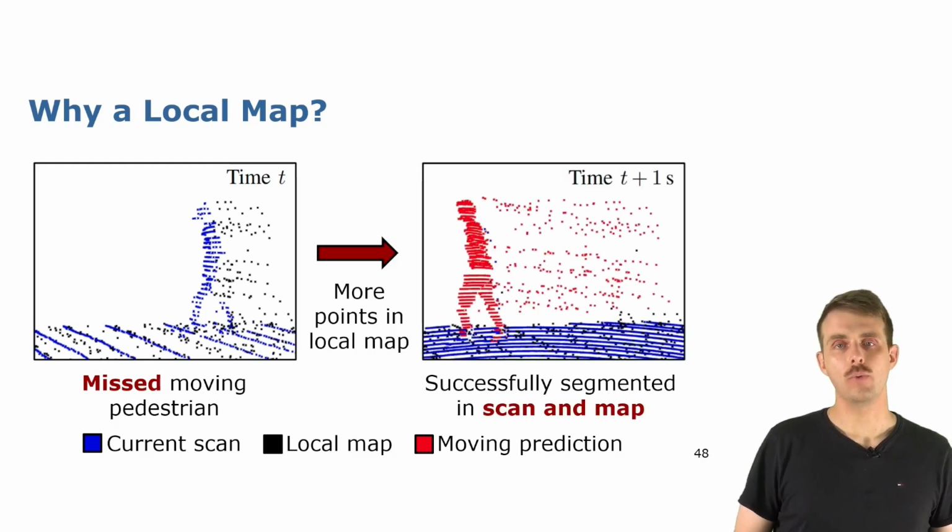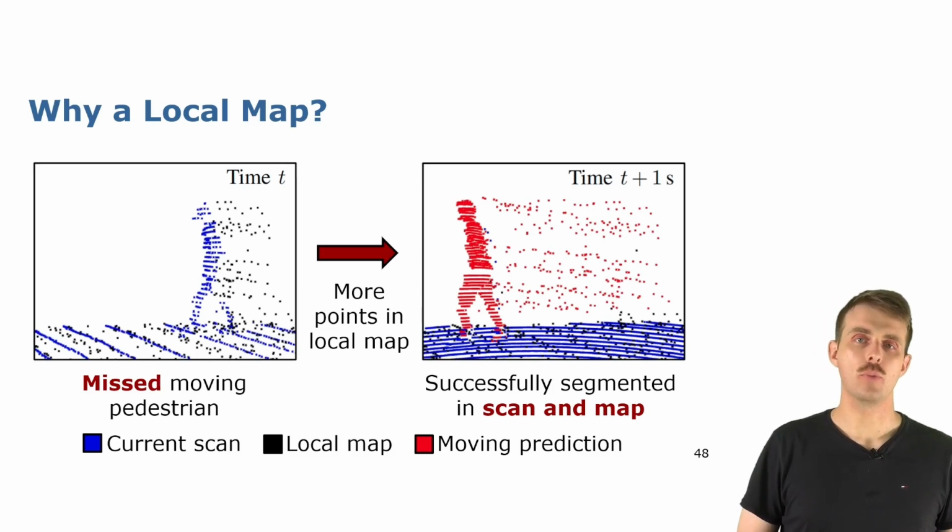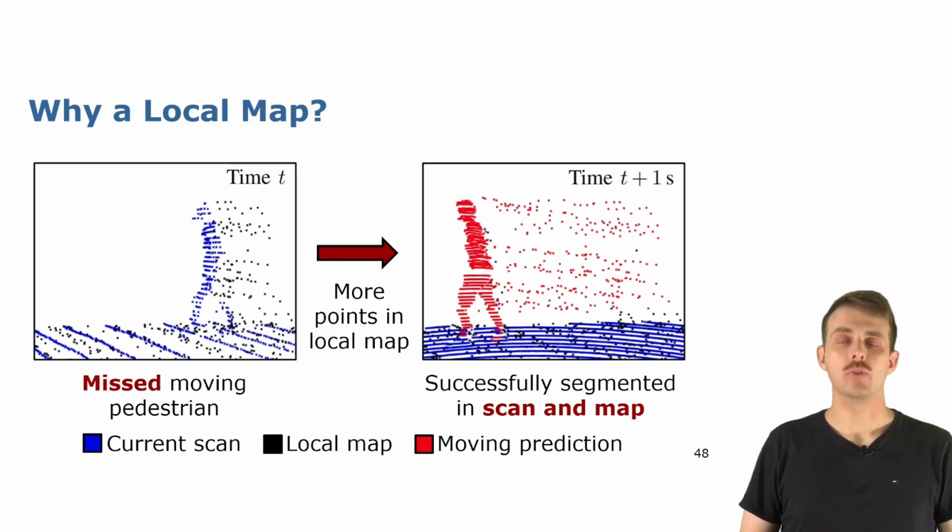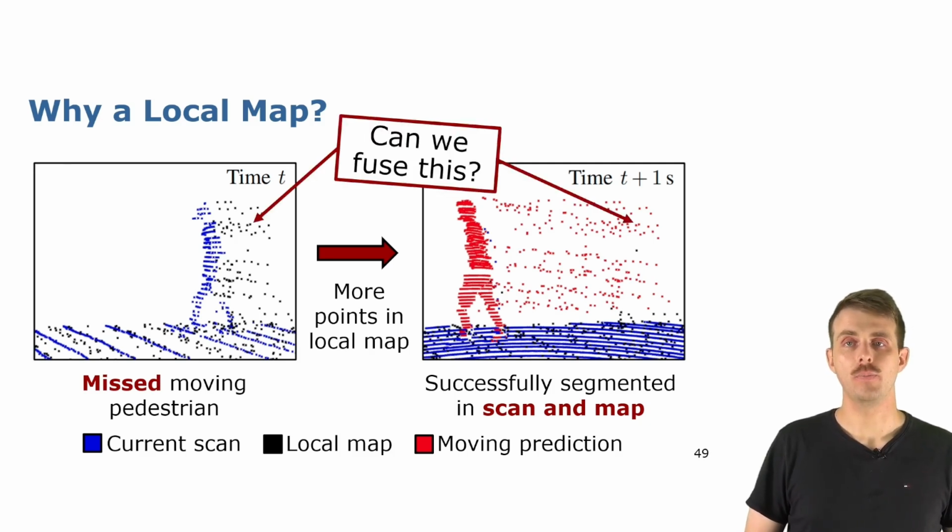If we wait for 1 second more and observe more points of that pedestrian, and since it's moving, we will observe these points at different locations, at some point our approach manages to identify the motion and then successfully label both the pedestrian in the current scan, but also the points in the map to be moving. This is because we gathered more information about the object.